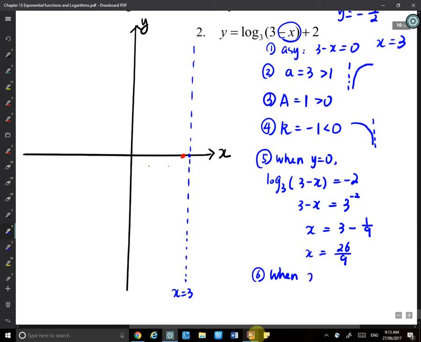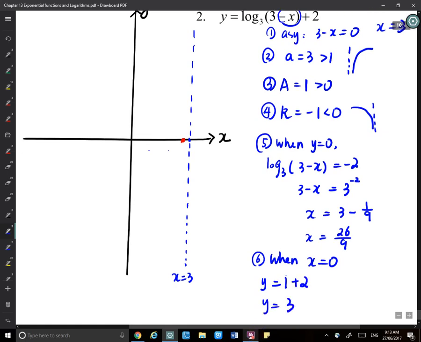When x equals 0, y equals log 3 of 3, which is 1. 1 plus 3, y equals 4. So 0, 4 is the y-intercept, which is here.